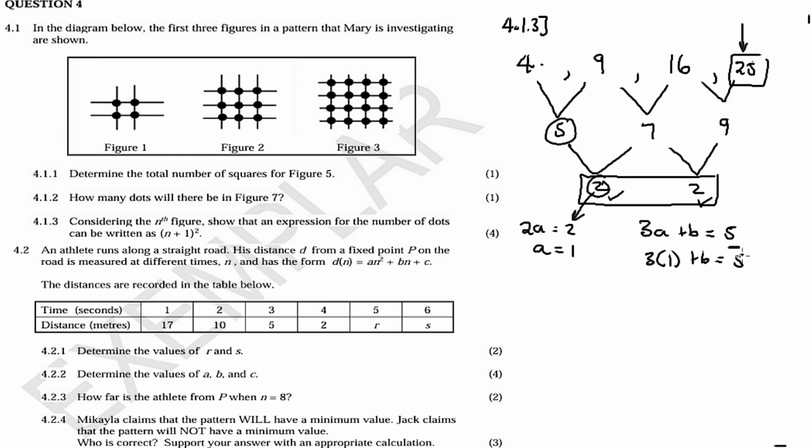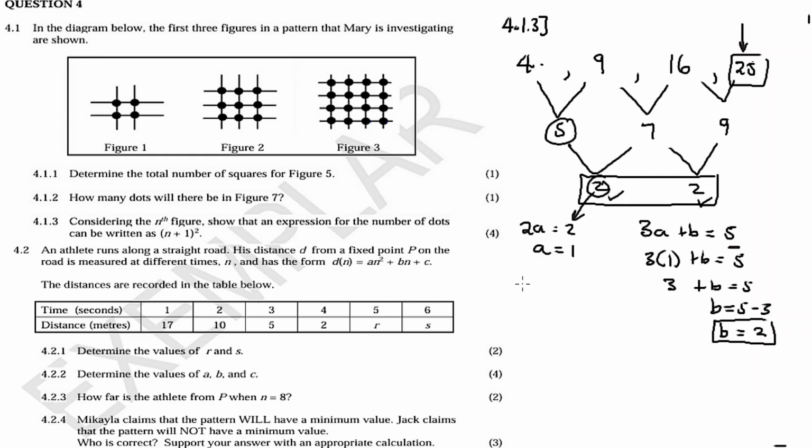3 times 1, that's 3, plus B is equal to 5. B is equal to 5 minus 3, that's 2. My B is equal to 2.